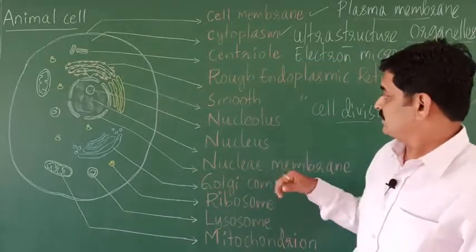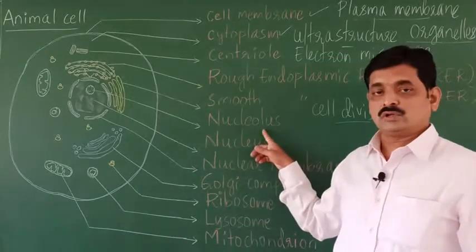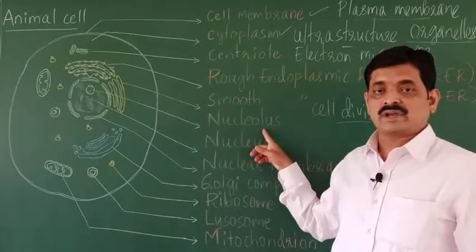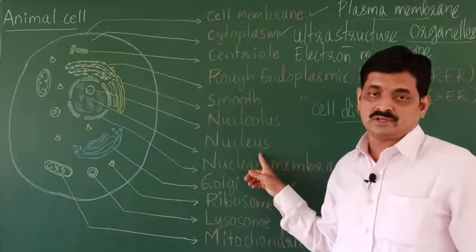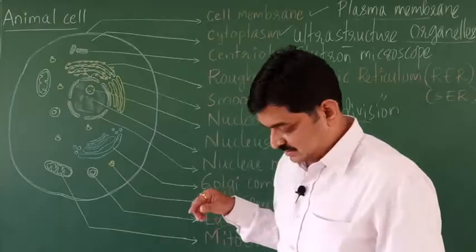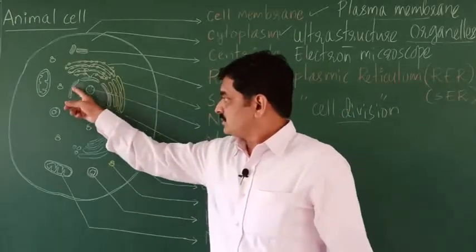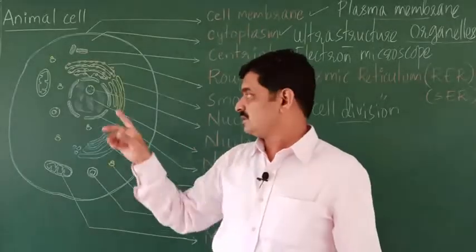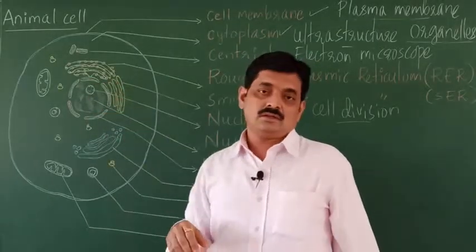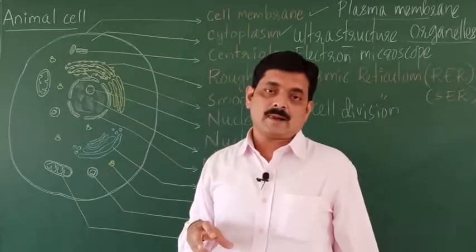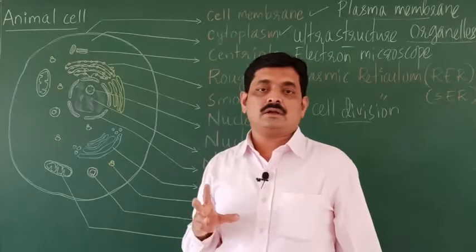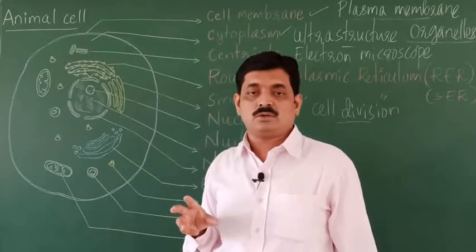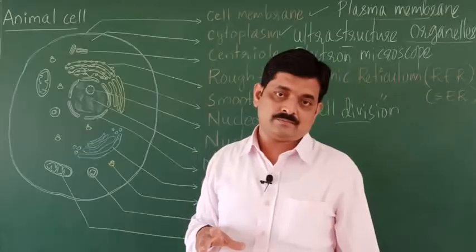Then next we shall consider the nucleus. So first we shall consider the nucleus. This is the nucleus. It is spherical in shape, right? It appears spherical. Now this nucleus is the main controlling center of the cell, right?